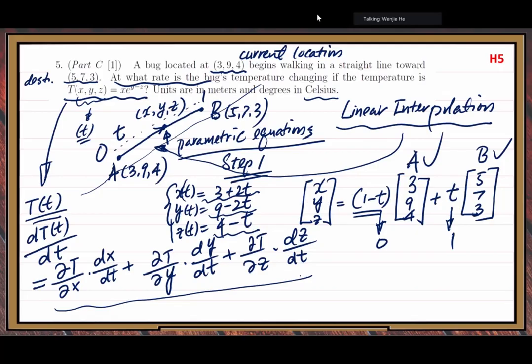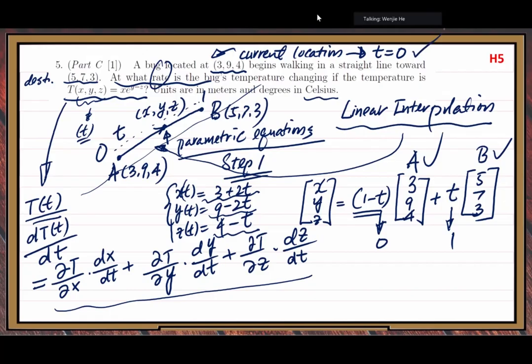Then, because the current location corresponds to the little t equals 0 point, when you calculate this rate, you should calculate the rate at the current location, t equals 0.